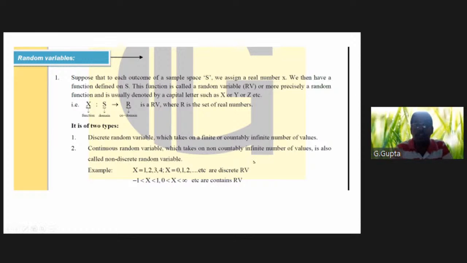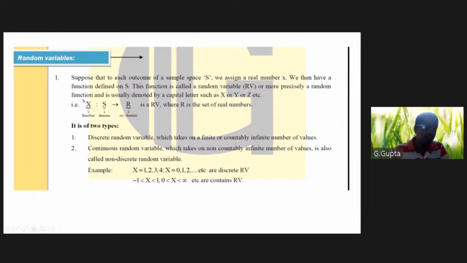Here a random variable is also a function. Suppose that to each outcome of a sample space S, we assign a real number. That is, for every outcome, we put a number depending on the situation of the problem. That number is denoted by small x, some people denote it by small y. We then have a function defined on S. This function is called a random variable, short form RV, or more precisely a random function.